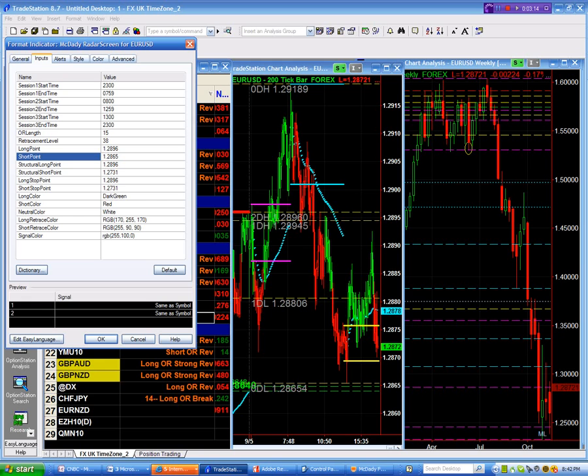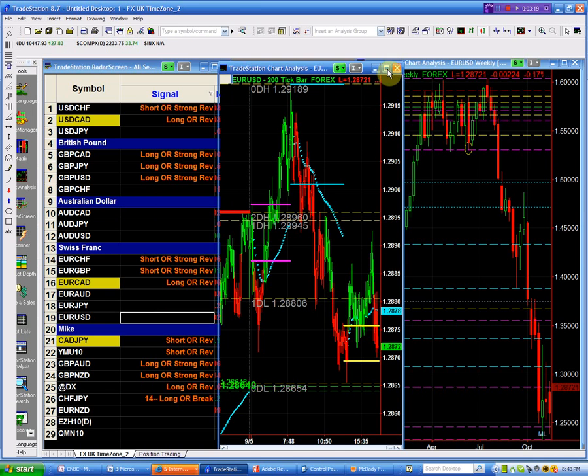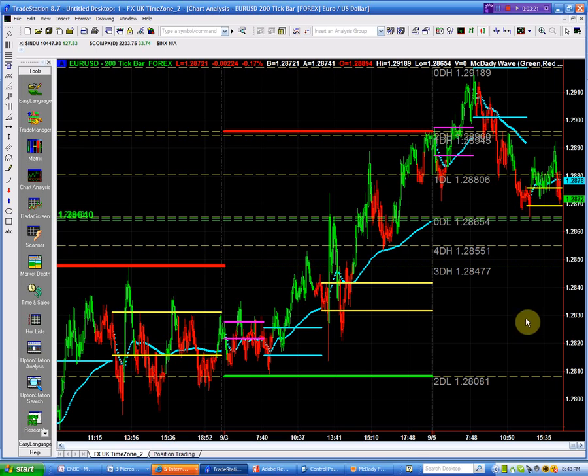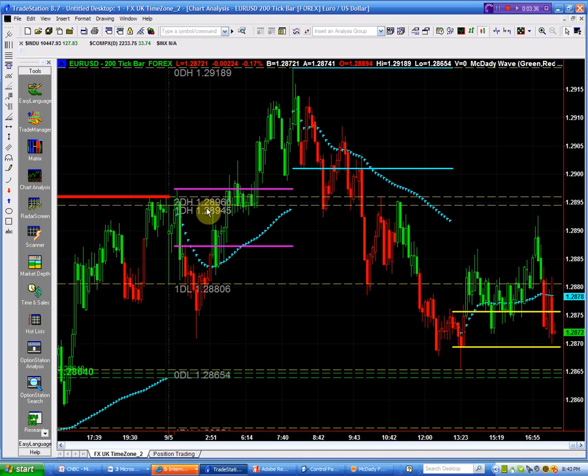And if we go short below 128.65, guys, which is going to be right there, where are we going to place our stops? The stop is going to be above this momentum high, which is 128.96.